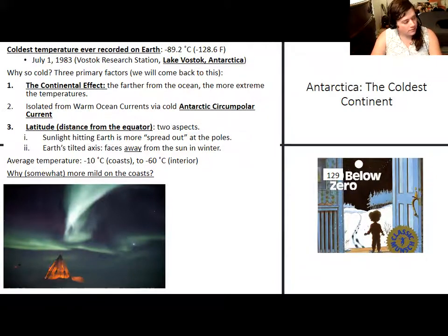But in the poles, it just means the temperatures get more extreme. However, Antarctica is especially cold for a couple of reasons besides this as well. Something we'll talk about a bunch is that the water around Antarctica is isolated from warm ocean currents that could potentially bring more heat to the continent by the Antarctic Circumpolar Current, the current that runs all the way around Antarctica.